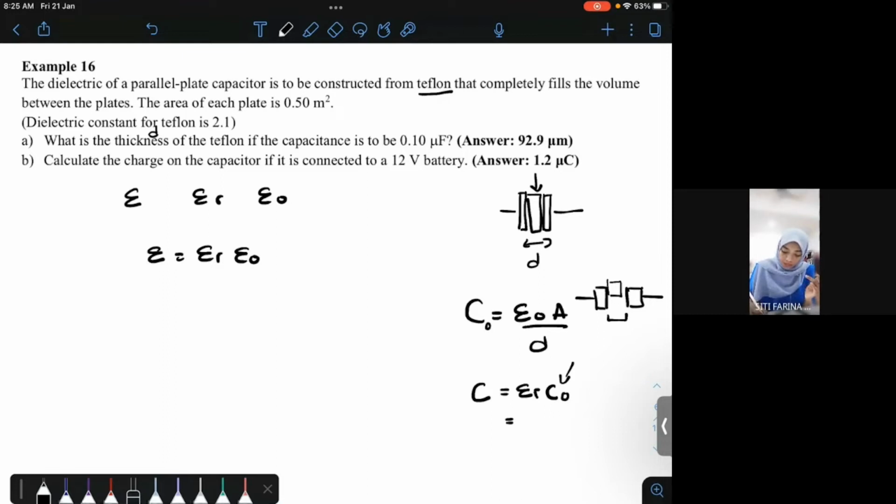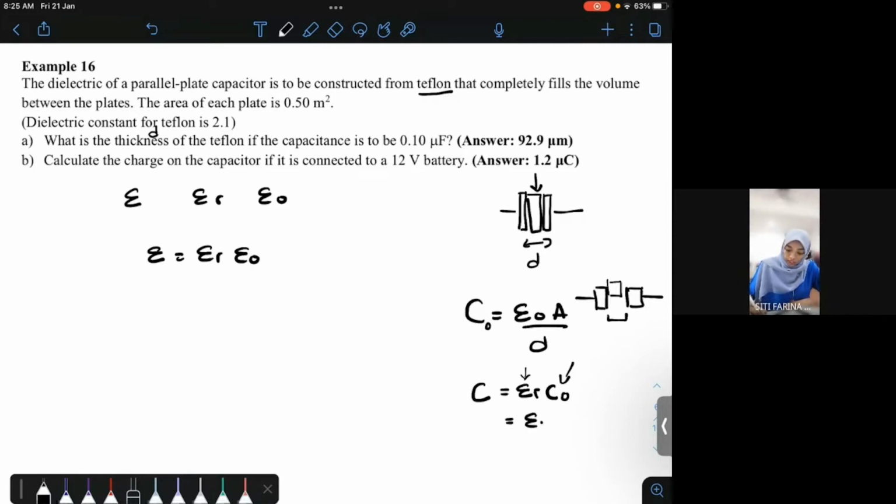Okay, epsilon R ni adalah dielectric constant of respective dielectric. Bergantung kepada jenis dia, material of the dielectric lah. Contoh dalam kes ni, Teflon, dia punya dielectric constant adalah 2.1. Ini memang tetaplah nilai-nilai constant yang tetaplah.